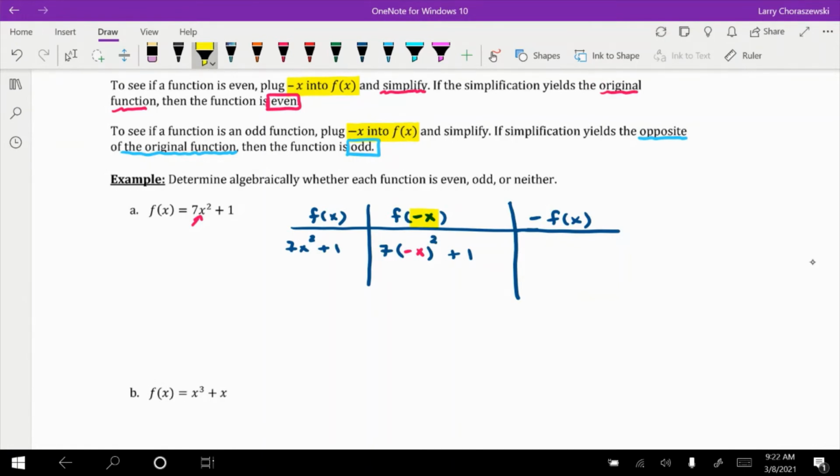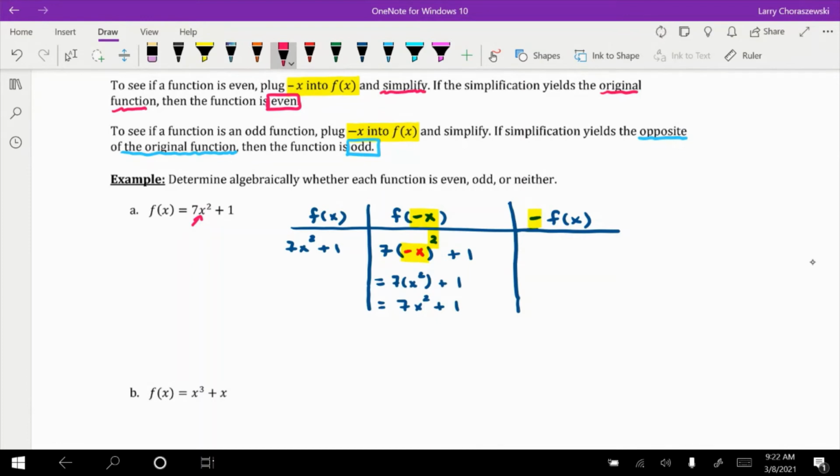Which, by the way, how does this simplify? Negative x quantity squared. What would that turn into? X squared, yep. So this is really 7 times x squared plus 1. And I'll just remove parentheses to get 7x squared plus 1. Now for the last column, the negative is in front of the function notation.